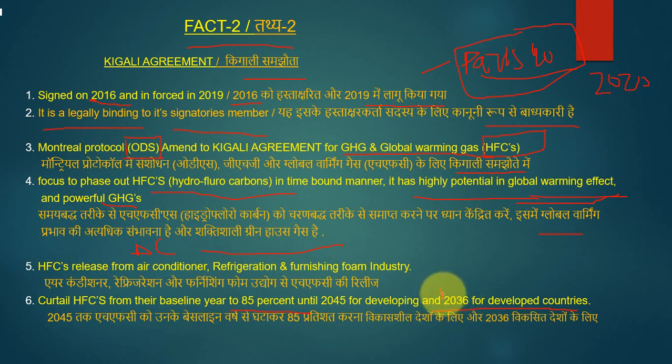This timeline is for developed countries. And for developing countries, like China and Brazil, 2045 has been given. But 2036 for developed countries. So friend, go through this. 85%, just remember.